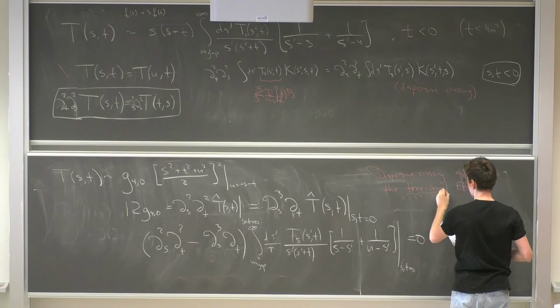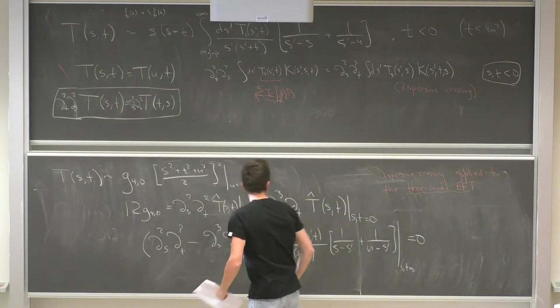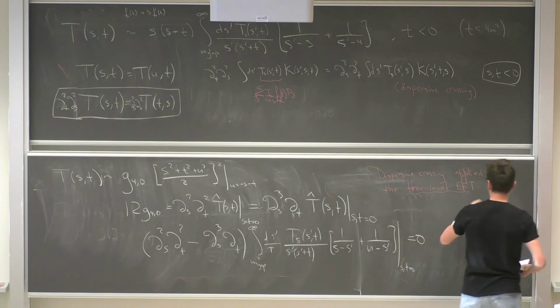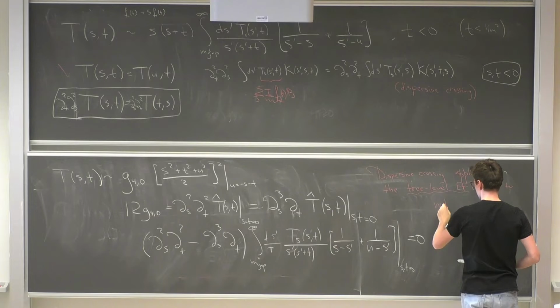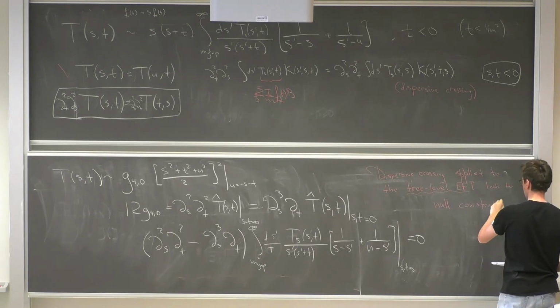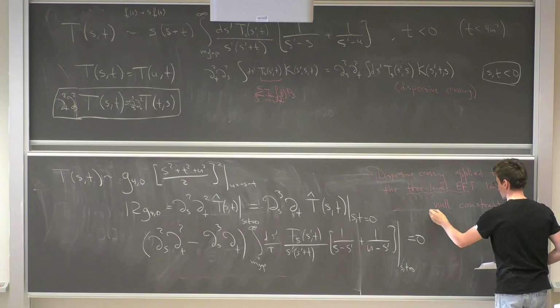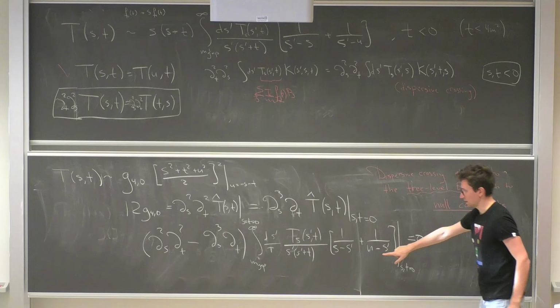You remember that it was important that we assume that there is this expansion. It leads to what is known as null constraints. This is just a name, which again came out in one of the papers. So this is an example of a null constraint.